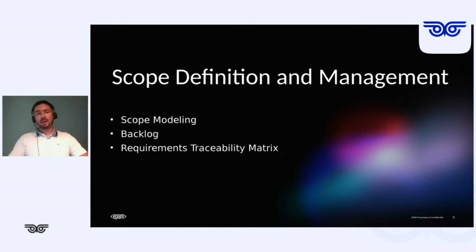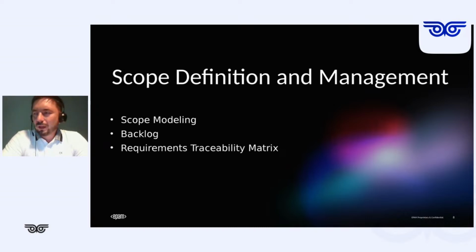Moving on. Scope definition and management. As I mentioned before we started the toolset review, this is something where the project manager, delivery manager, scrum master, and business analyst collaborate very closely and effectively if the proper toolset is used and if all the commitments are handled properly.